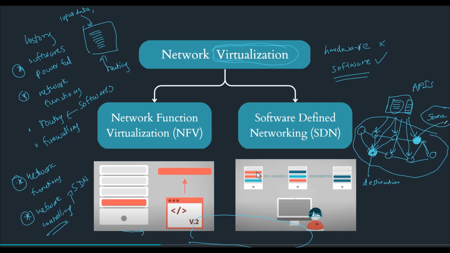It will decide the best route and forward the data packet along the route that it thinks is best. If it decides that it cannot decide the correct or optimal route, then it sends a message to the controller, which is here, and asks the controller to make the decisions for it.